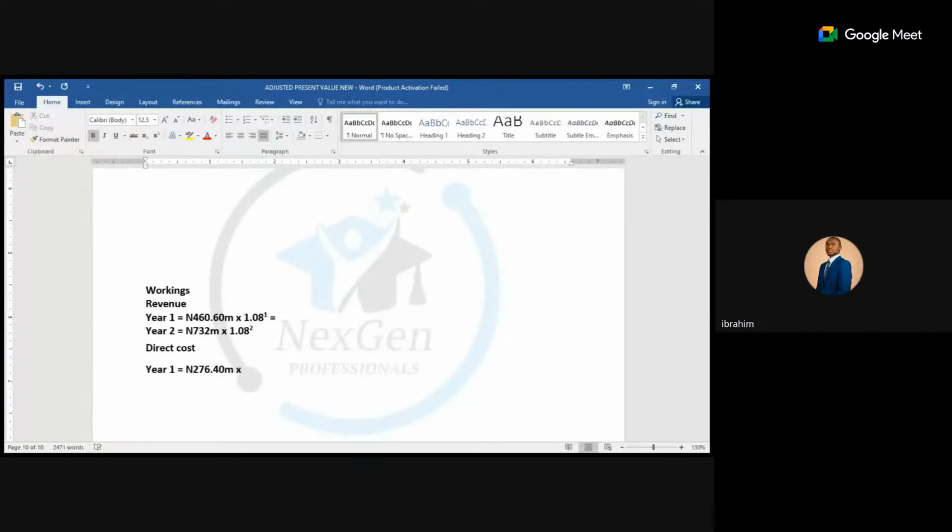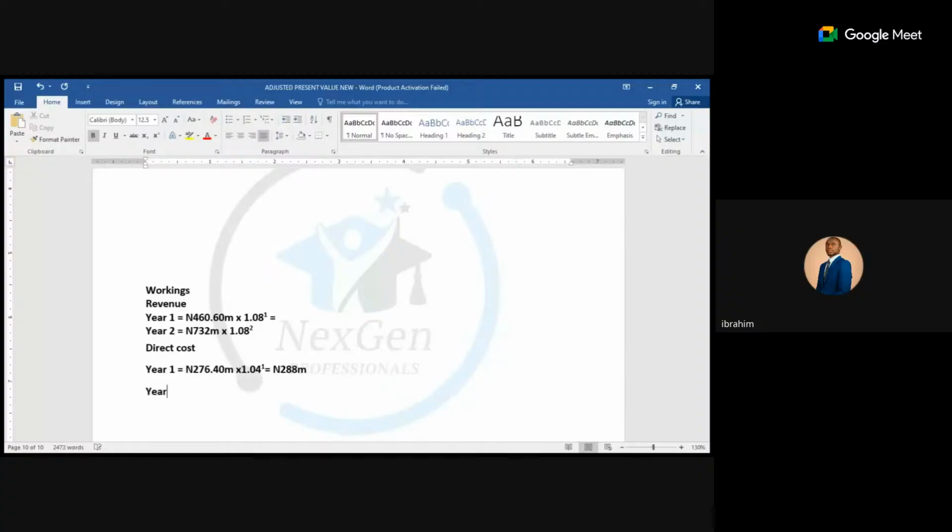It will be inflated by 4%, raised to the power of 1. What do we have here? 288.